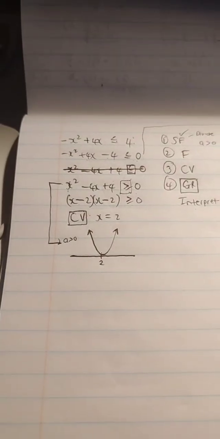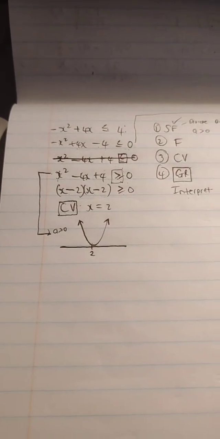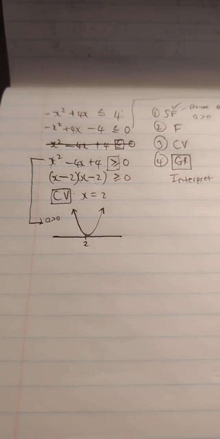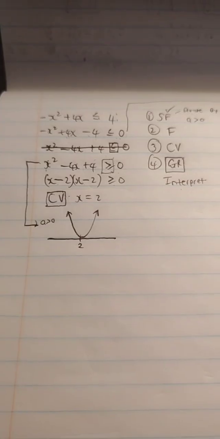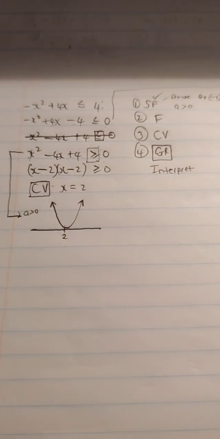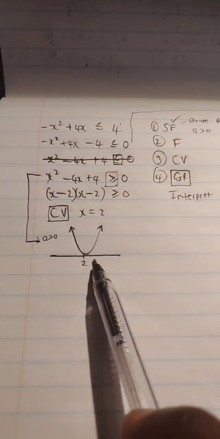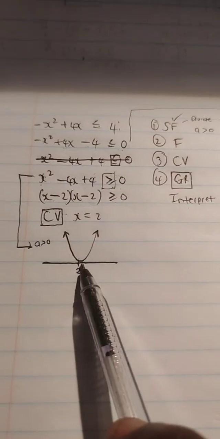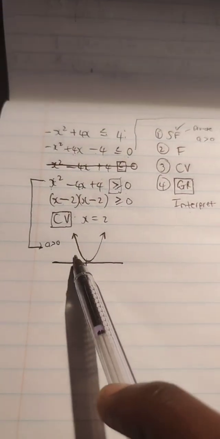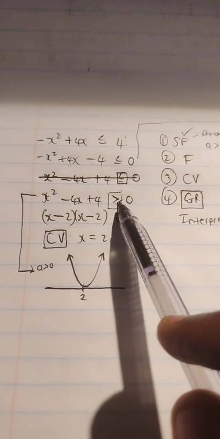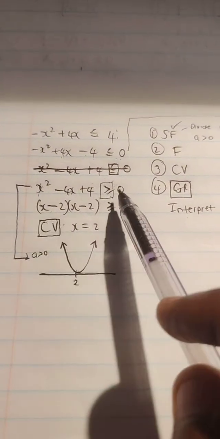Okay, so let's be specific, and I hope you understand what I mean. Then A is positive, right? So I'm going to look at this inequality with that A being positive.